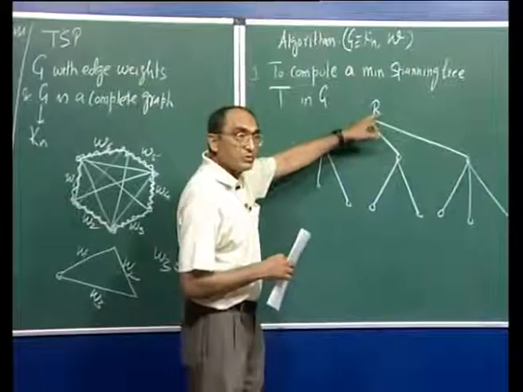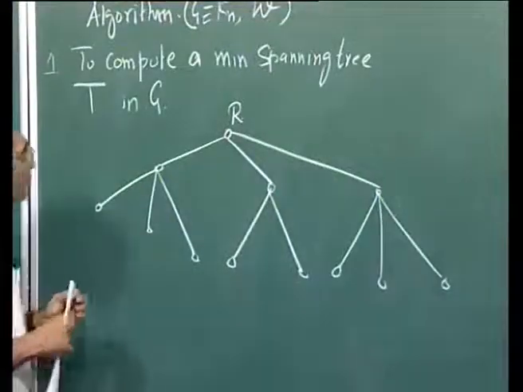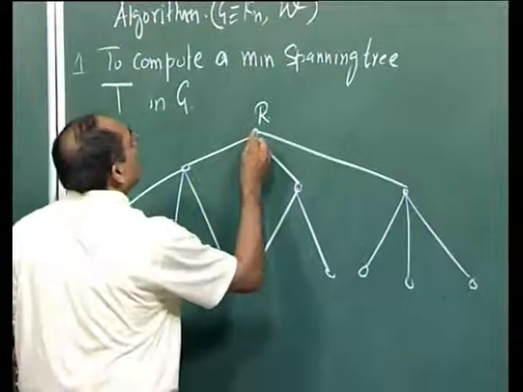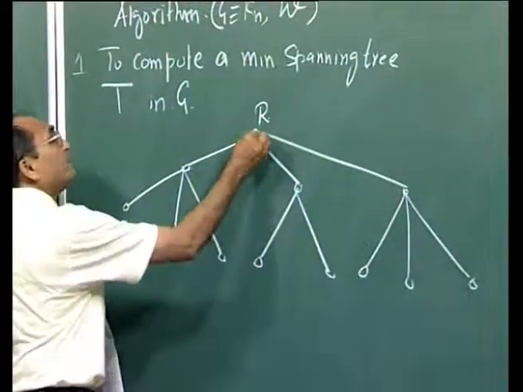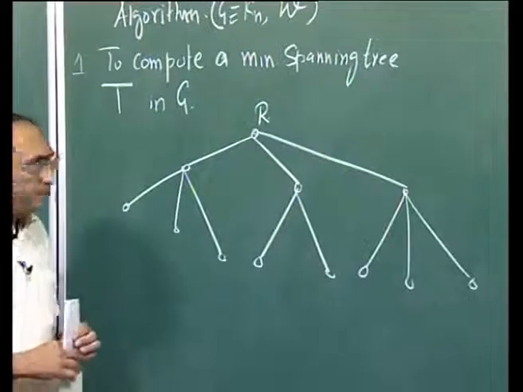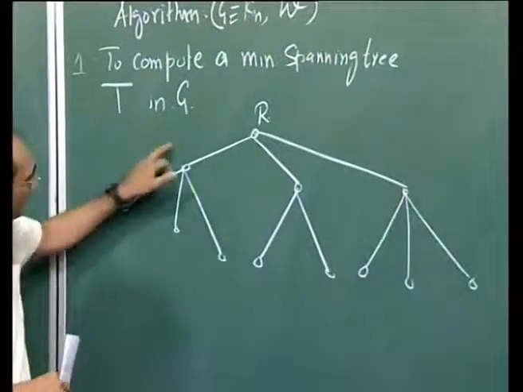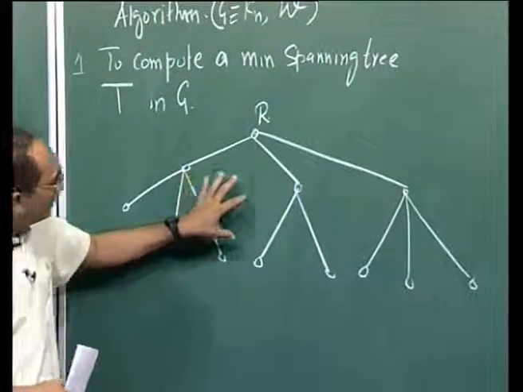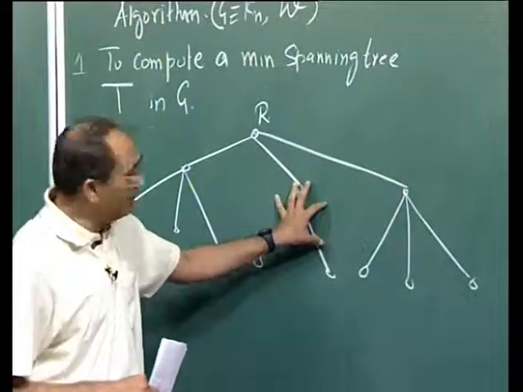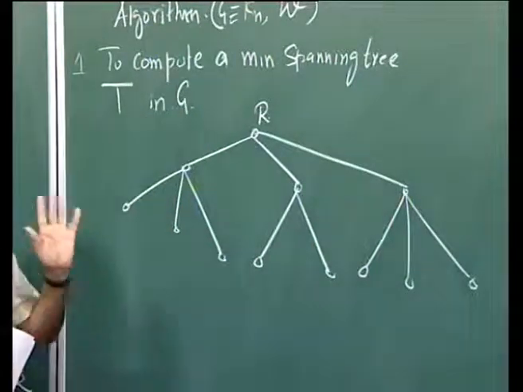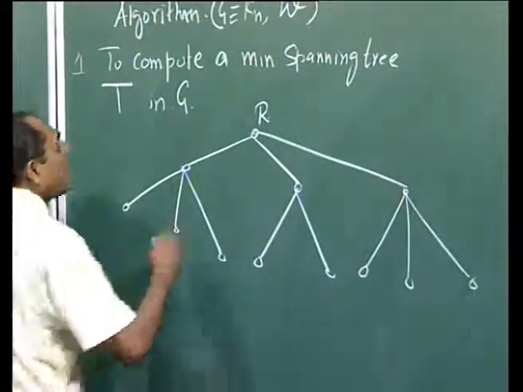Now, we are going to compute a pre-order traversal of this. Pre-order traversal is in the following fashion. We start with the root, then we do the pre-order traversal of this subtree, then of this subtree, and then of this. So, pre-order traversal is defined recursively. Let us actually go through that.